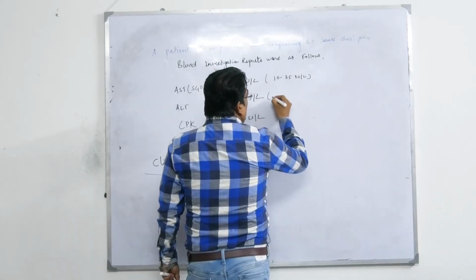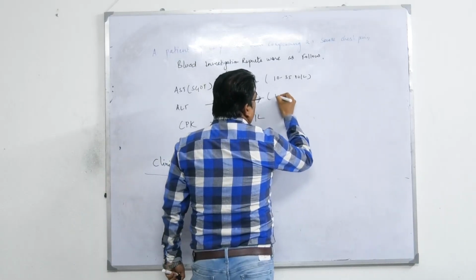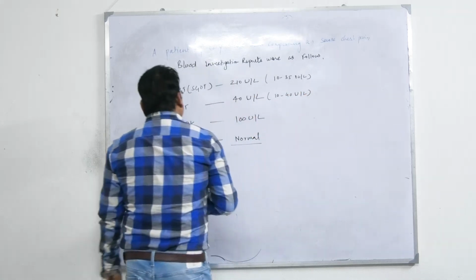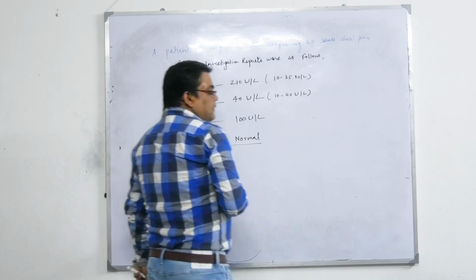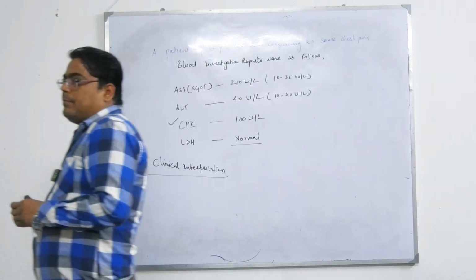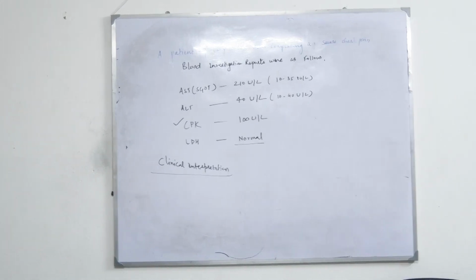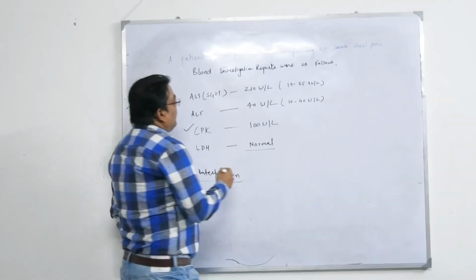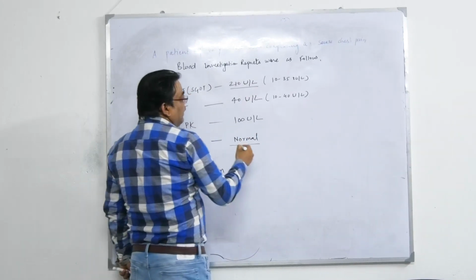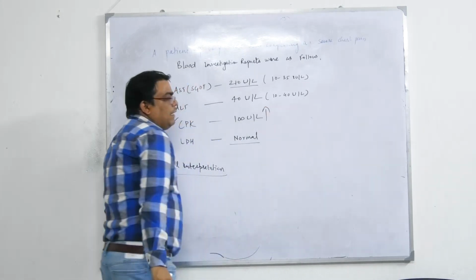This normal level is the same, 10 to 40 units per liter. Creatine phosphokinase is a very important enzyme which is present inside the muscle. This is not normal, this is high from the normal level. This is also high.